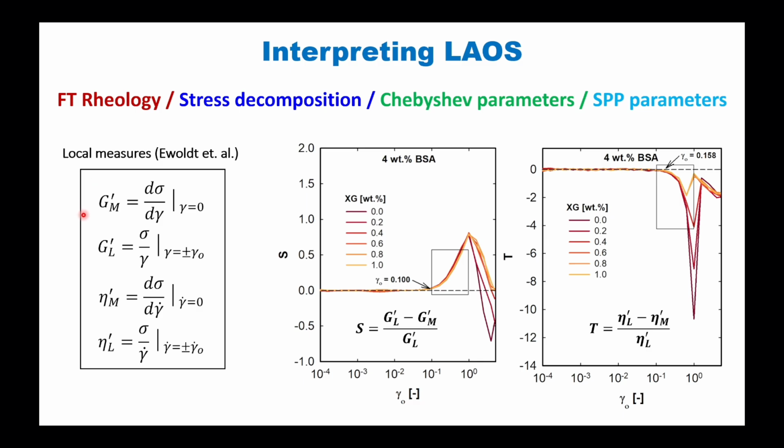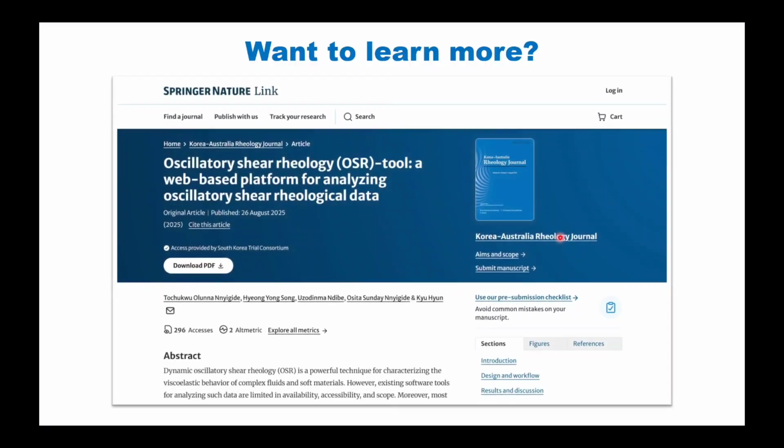So you can see some examples. We are going to also see some of the analysis you can do with OSR-Tool. So I will skip this. If you want to learn more, you can access our recent publication on this topic.